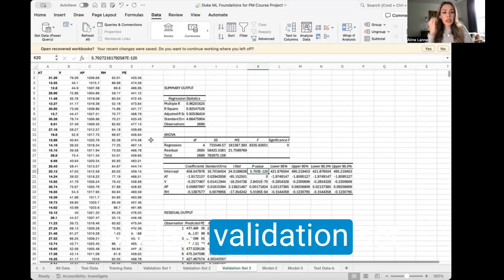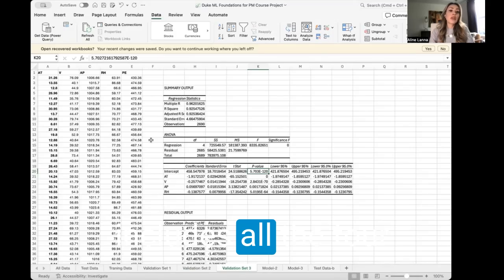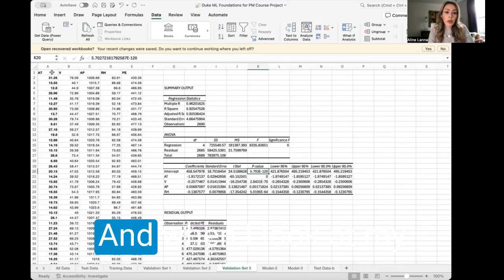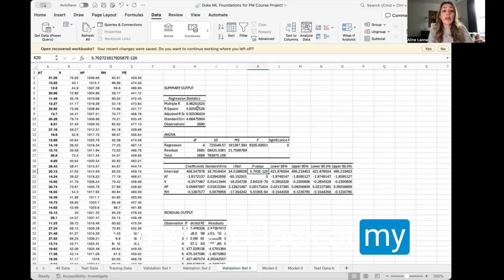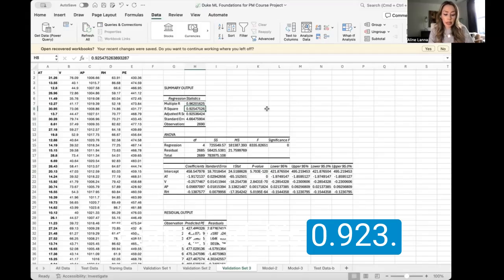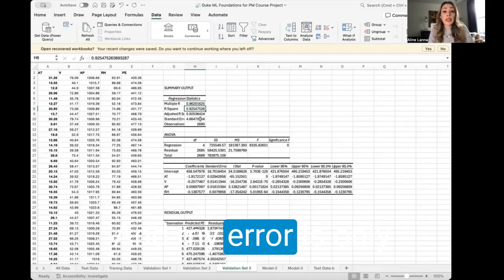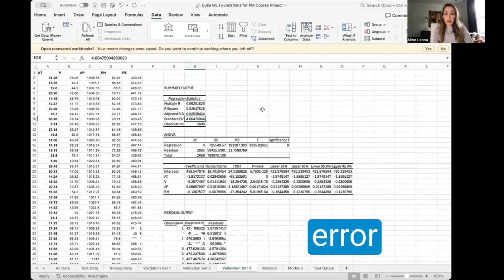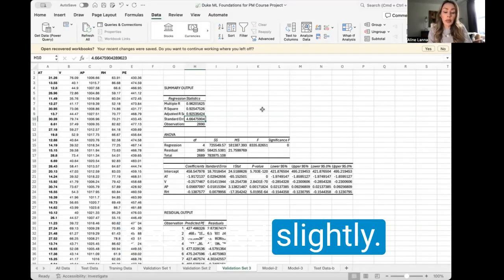My last validation set includes all the four variables provided. And when I look at my R square, it's 0.923, and my error is only 4.665. So my error decreased slightly.